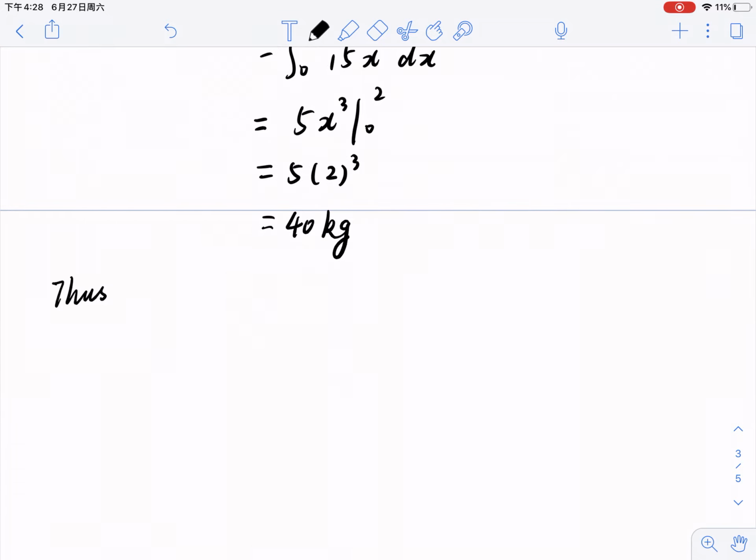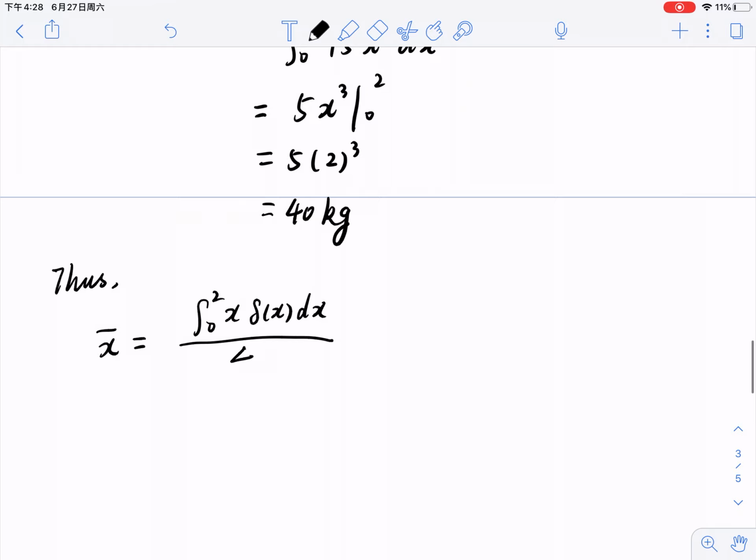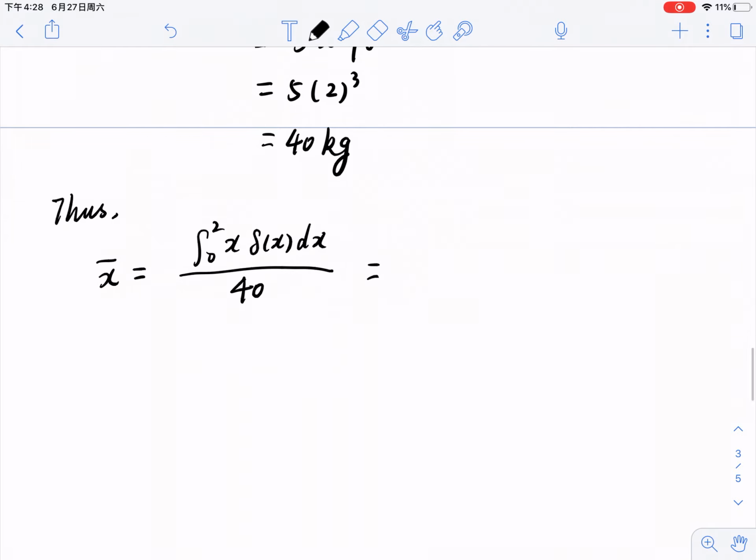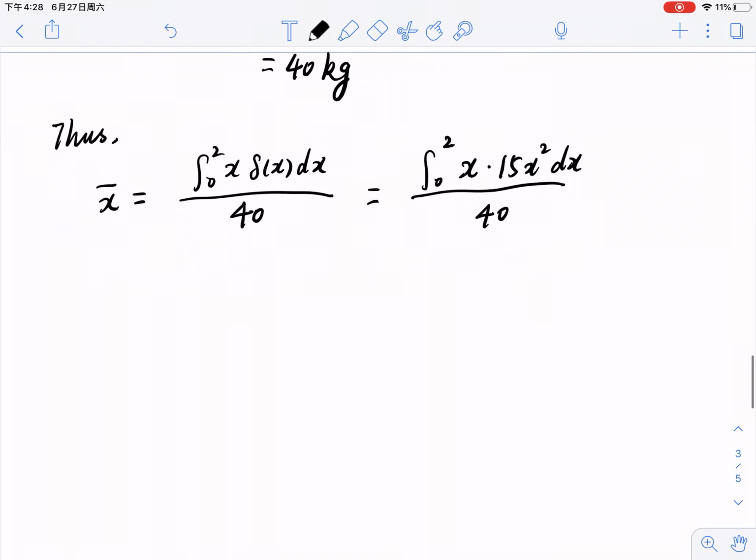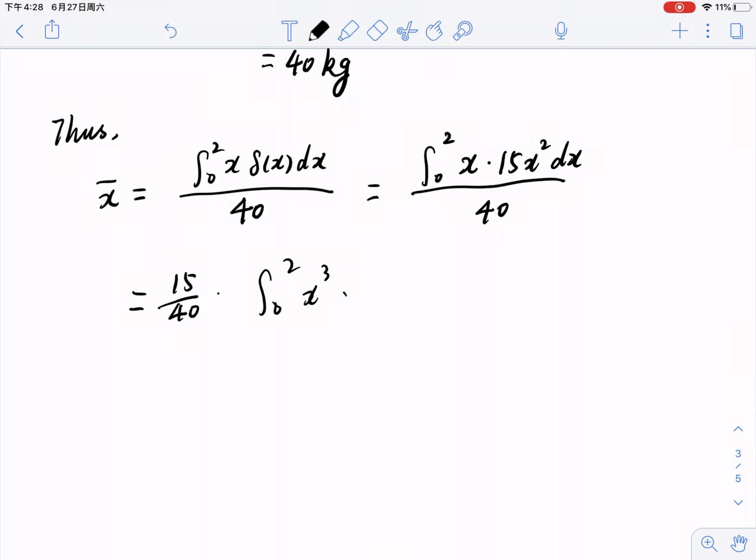Next we use the formula to calculate the center of mass. x bar is the integral from 0 to 2 of x delta(x) dx divided by total mass 40. So this is the integral from 0 to 2 of x times 15x squared dx divided by 40. This is 15 divided by 40 times the integral from 0 to 2 of x cubed dx.